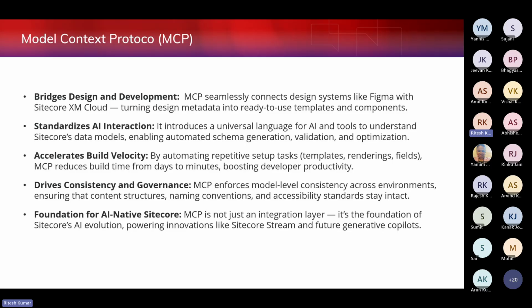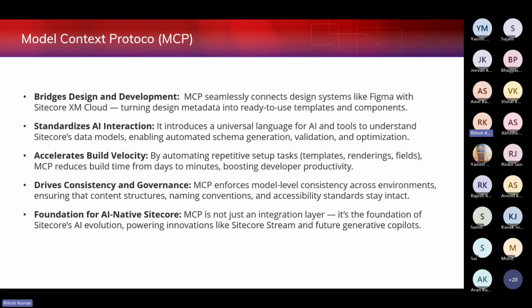You can define anything around your content structure, how you want your naming convention, and any accessibility requirements. For example, in today's world all these digital properties we build have to be accessibility compliant, either WCAG 2.1 or 2.2, right? So those kinds of things are available.